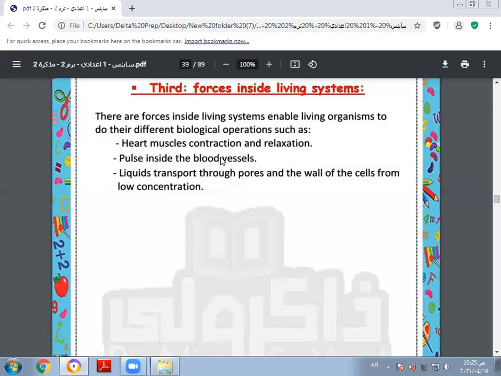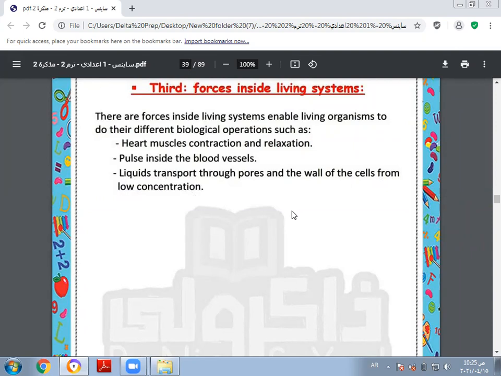The role of the heart in rising blood from bottom to the top is similar to the role of a water pump in rising water from canals and groundwater wells against the earth's gravity. We also have the pulse inside the blood vessels and liquid transport through pores and the wall of the cells from low concentration to the higher concentration.